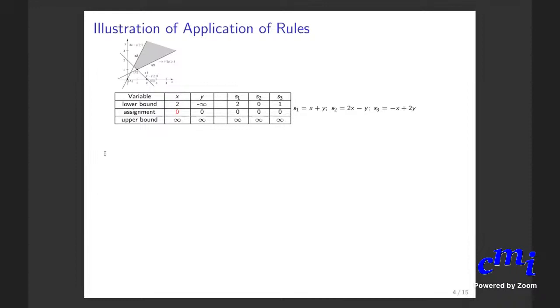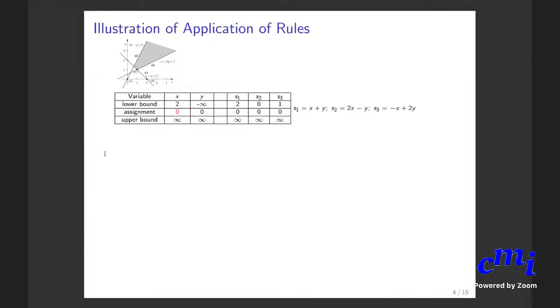The non-basic variables are always kept in a state where they satisfy their lower and upper bounds. Because x and y are unconstrained, they automatically satisfy them when you start with some initial assignment.